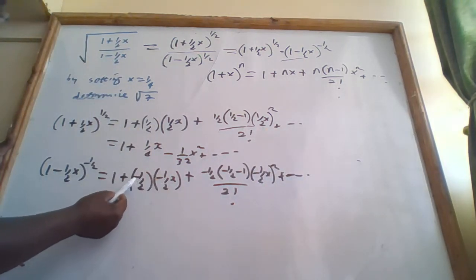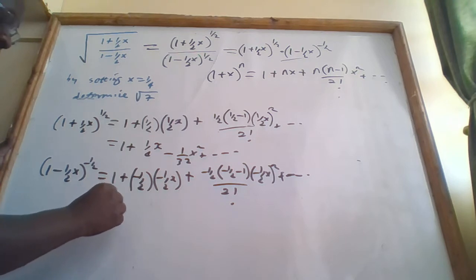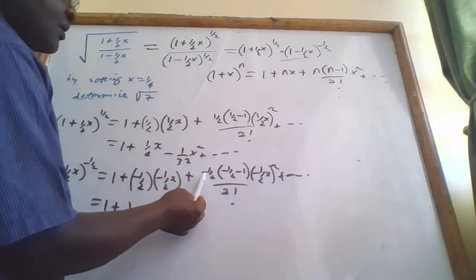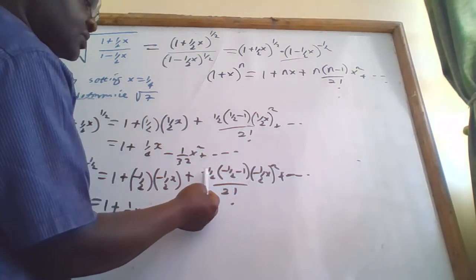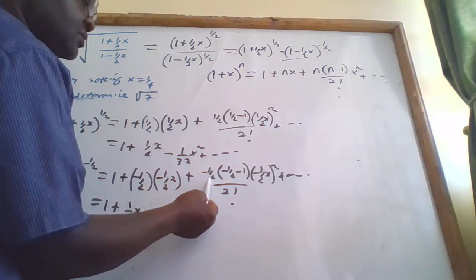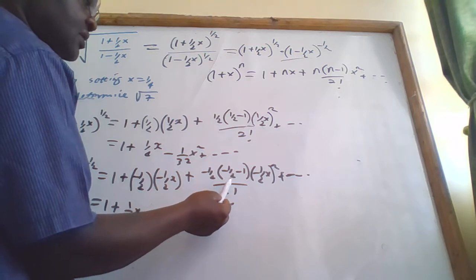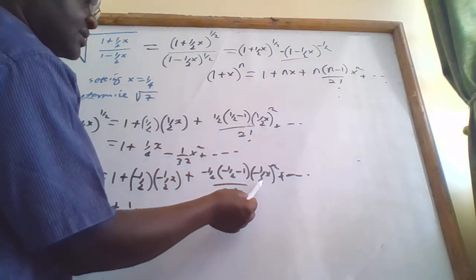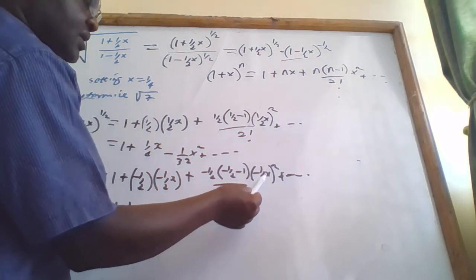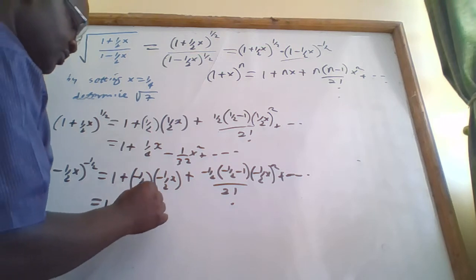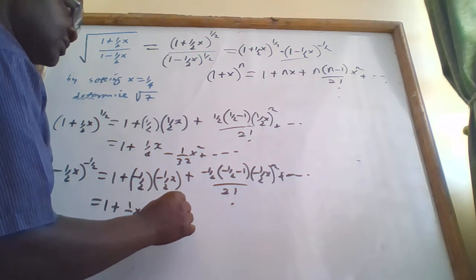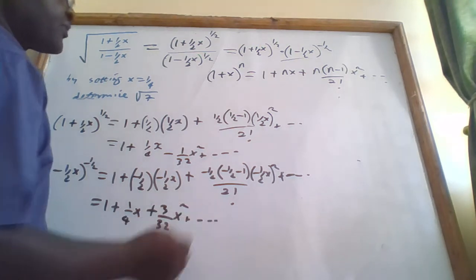So you remove the bracket, negative and negative will be positive, so it's 1 plus 1 all over 4x, then minus 3 all over 2 times this, you have 3 all over 2, 3 all over 16 x squared divided by 2, then you have plus 3 all over 32 x squared, like that.